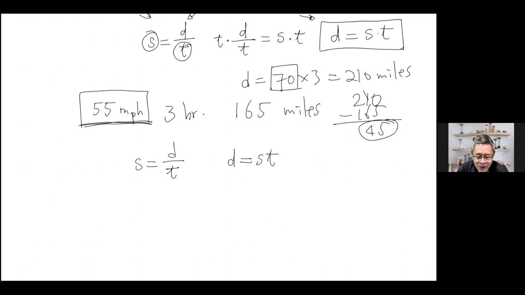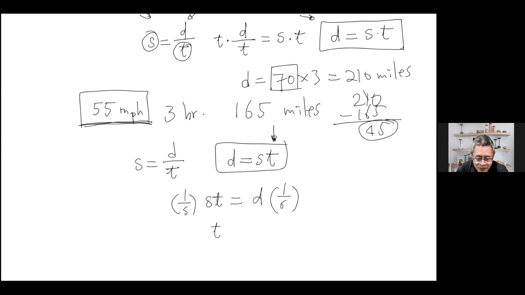If we use this one, we're trying to find time, so we want to keep t on the left side and everything else goes to the right. So the s has to go to the right. In order to do that, we multiply by 1 over s. Then 1 over s times s is 1, which we call canceled. Now on this side, it's d over s. So now we have a formula for time.